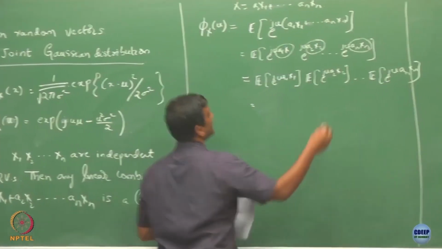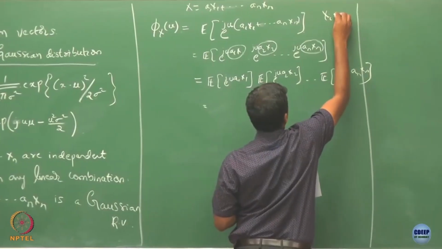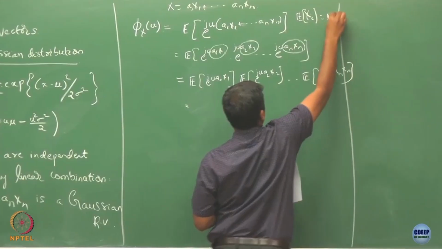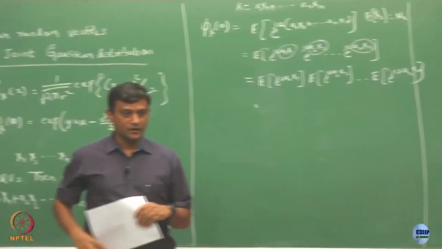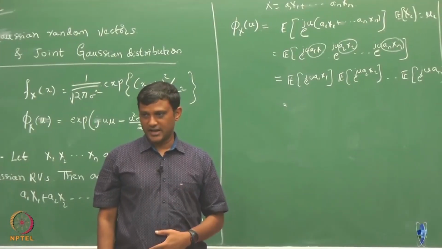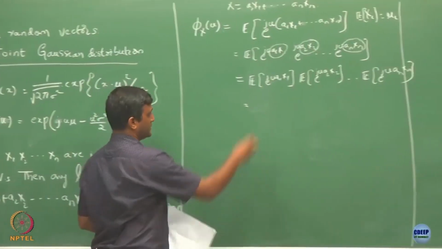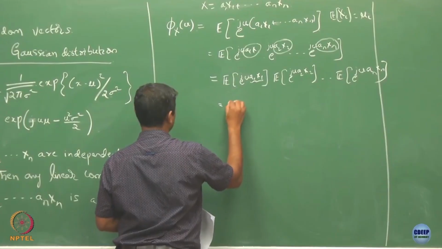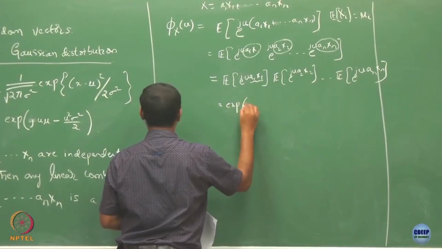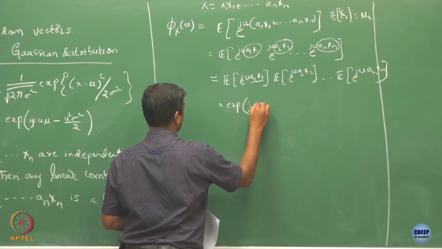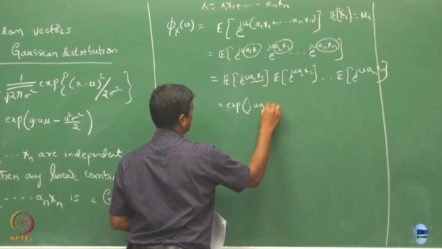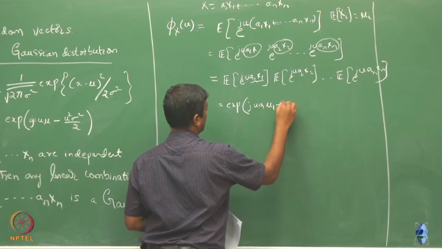Let's say the expectation of xi is equal to mu i, for the ith random variable which is Gaussian with mean mu i. So then the mean term is going to be u a1 mu 1.